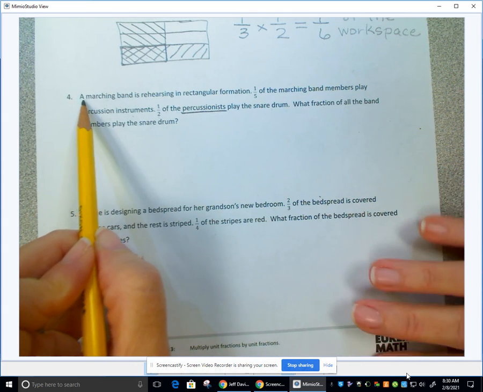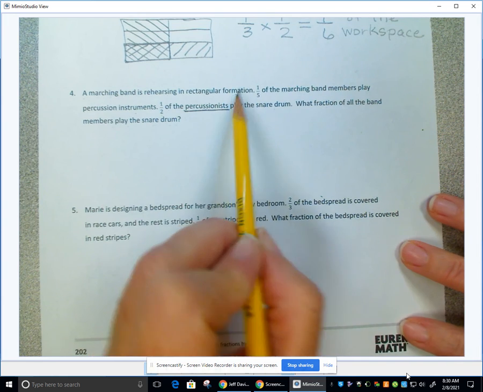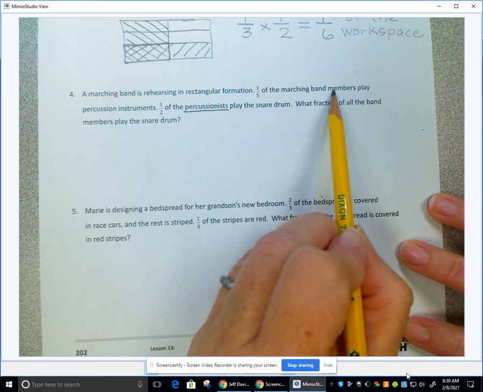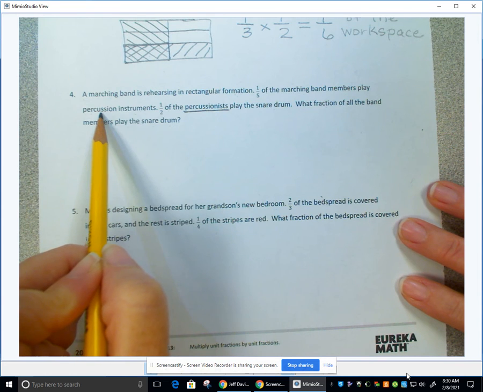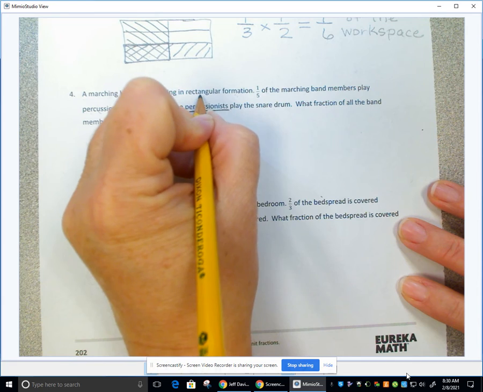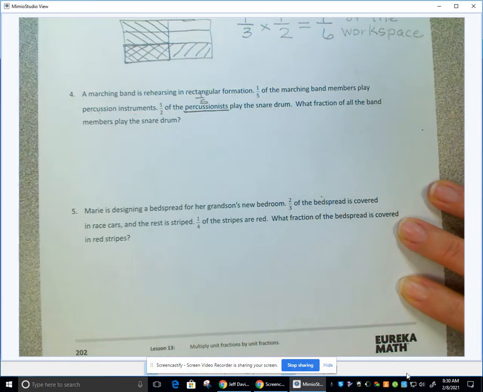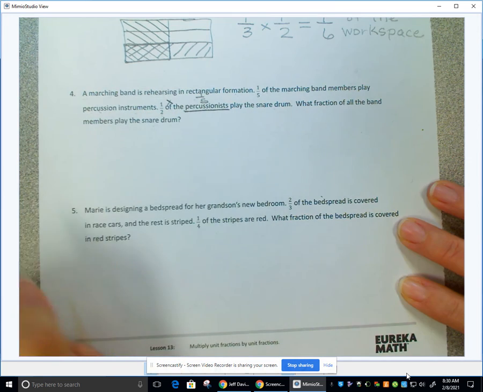So look, it says a marching band is rehearsing in rectangular formation. 1/5 of the marching band members play percussion. There's our percussionists. So if I want 1/2 of the percussionists made up 1/5, so I want 1/2 of 1/5.